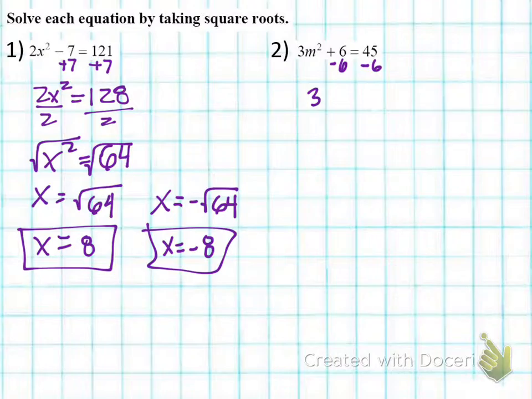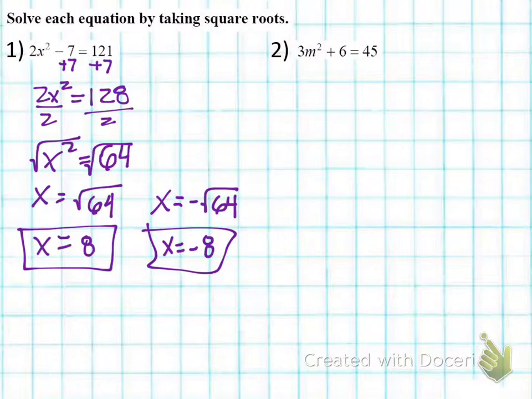Okay, and if we work back through the problem, that makes sense since 8 squared gives us 64 and negative 8 squared gives us 64. So multiplying by 2 gives us 128. Subtracting 7 would give us 121. So both of those numbers work as solutions.